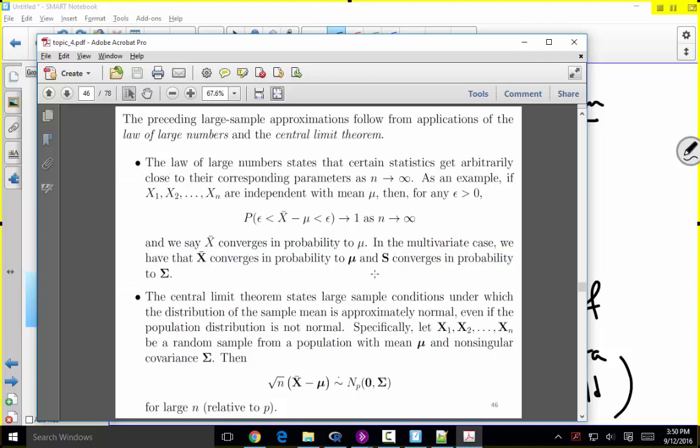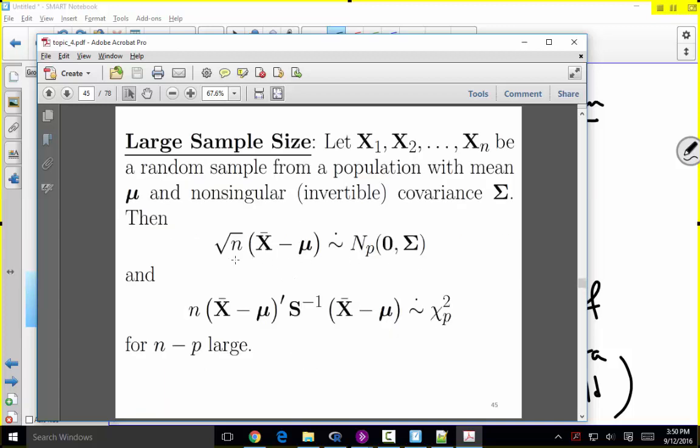If you've seen the central limit theorem in Stat 101 or 102, this is a generalization of that. When we do z-tests and stuff, it's like this, except the univariate version.